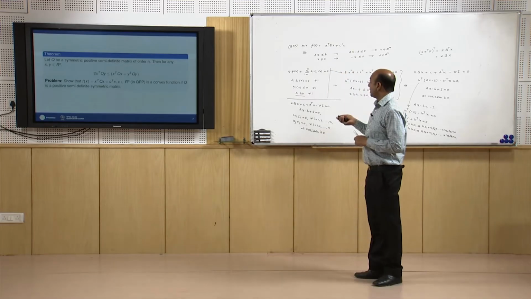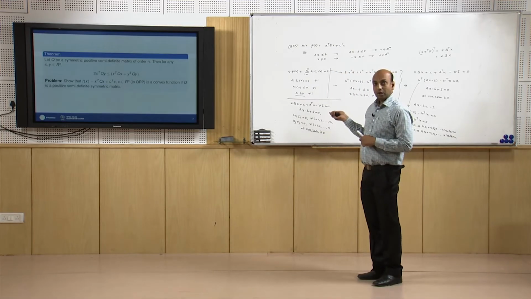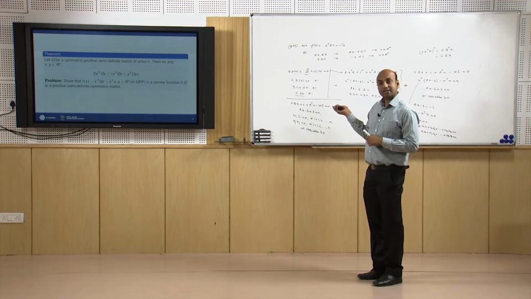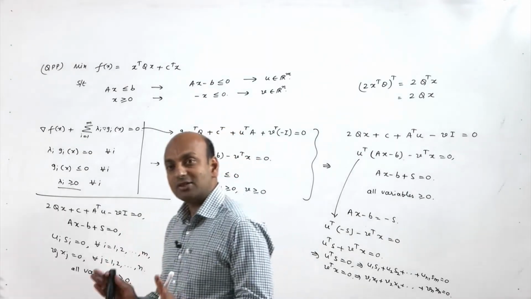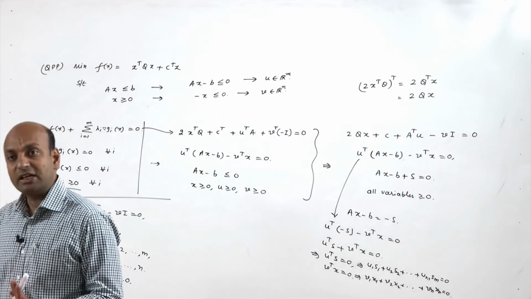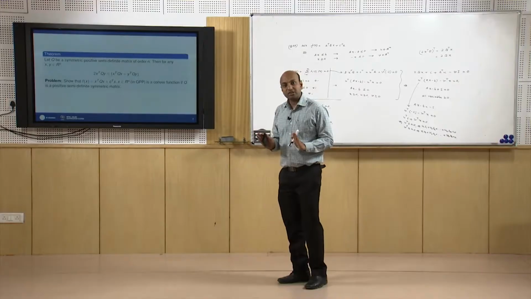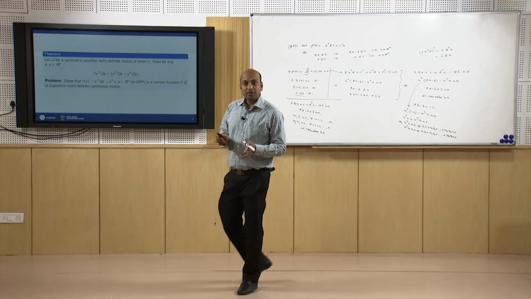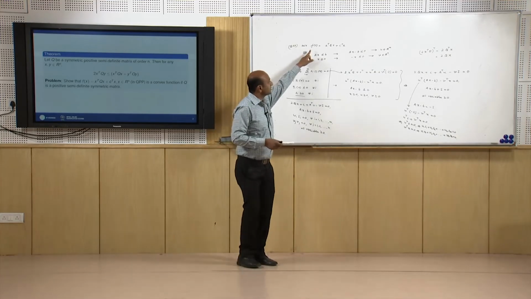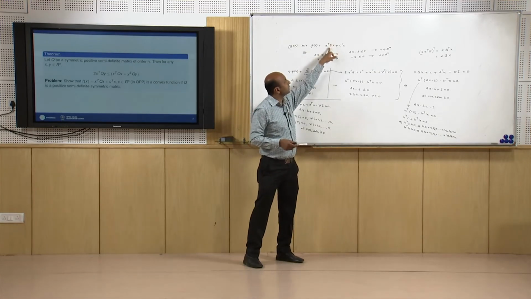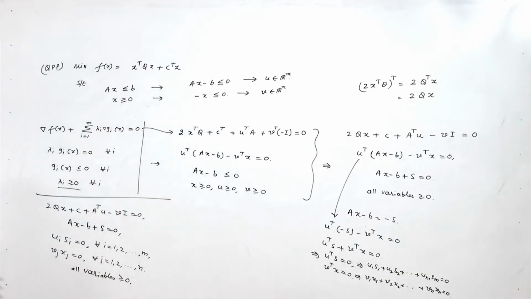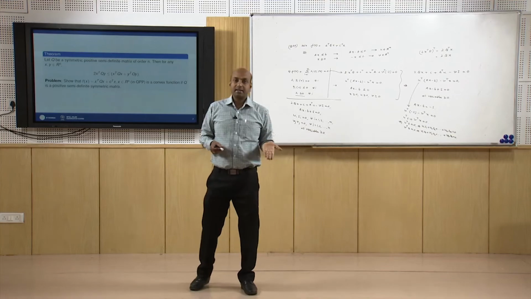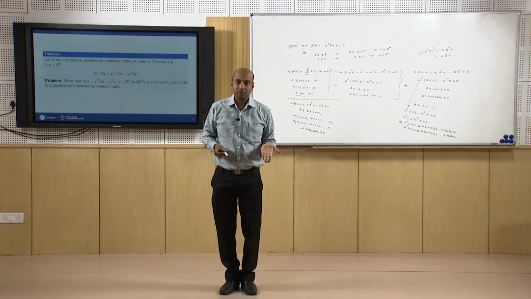Now in QPP all constraints are linear. All constraints are linear means all constraints are convex. So it suffices to see under which condition the involved objective function is convex. If the involved objective function is convex for some particular Q, then we can say that this problem will be a convex programming problem, and hence the KKT conditions will become sufficient.